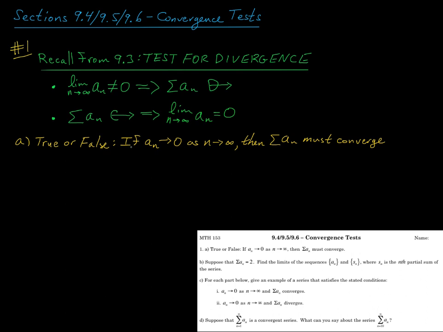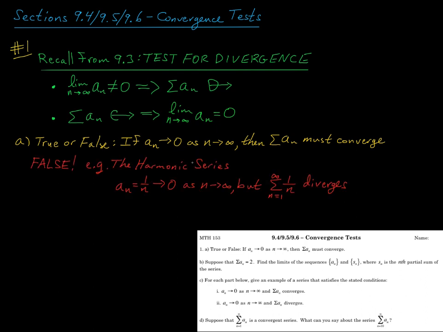So here we're going to go back to an example we've already seen, the harmonic series. The harmonic series illustrates why the statement is in fact false. Here with the harmonic series, a sub n is 1 over n. It approaches 0 as n approaches infinity, but the series of 1 over n, as n goes from 1 to infinity, we actually proved diverges.